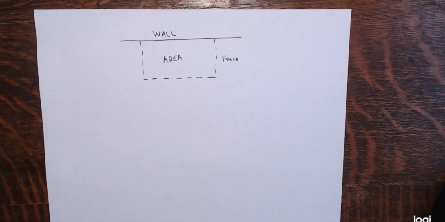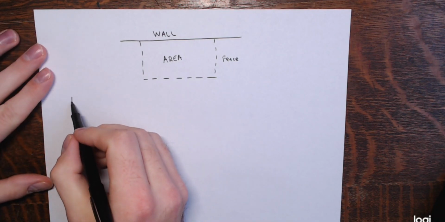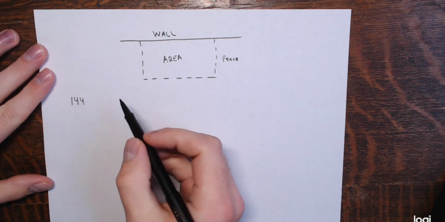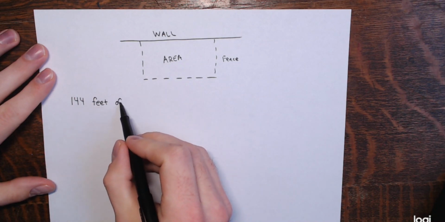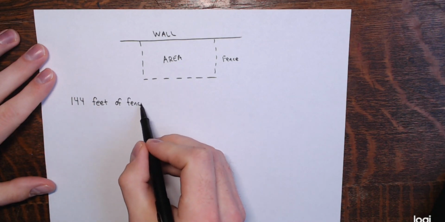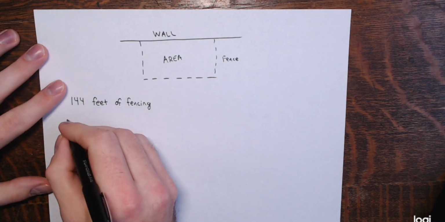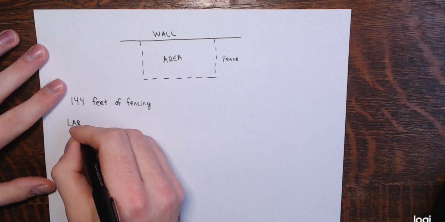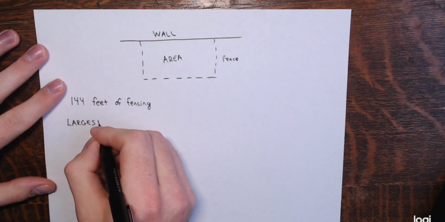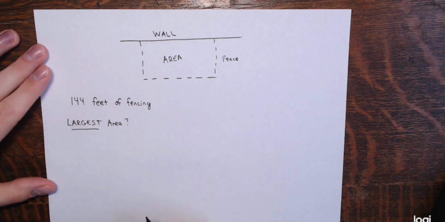Now, they said the farmer has 144 feet of fencing. And then they're asking, what is the largest area possible? What's the maximum area?